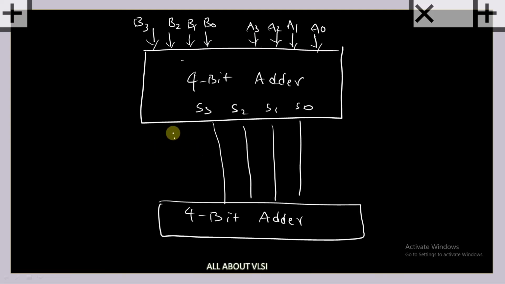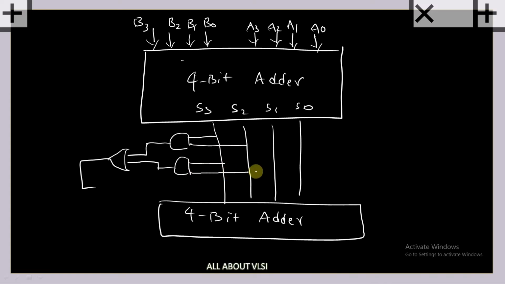We also have one logic, connected with our S3 and S2, and this is connected with our S3 and S1. This is connected to this pin, and this is 0 and this is 0. This is B3, B2, B1, B0, and this is A3, A2, A1 and A0.